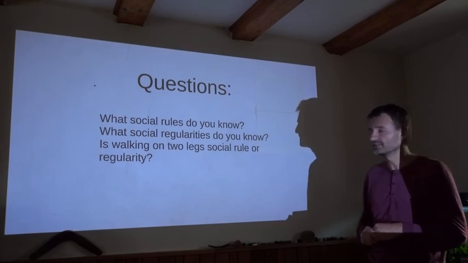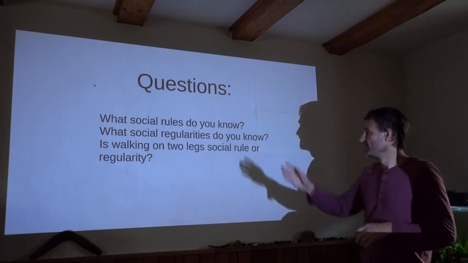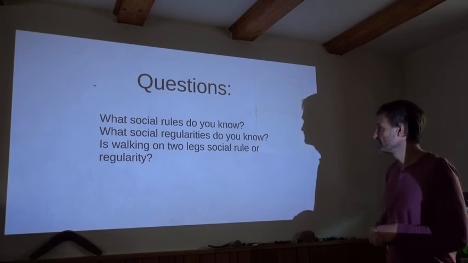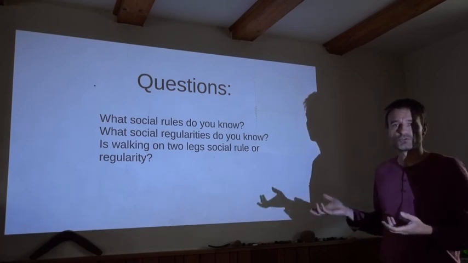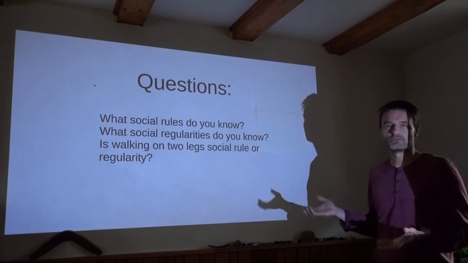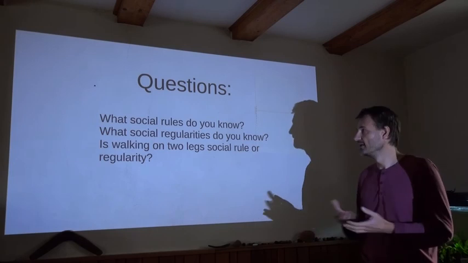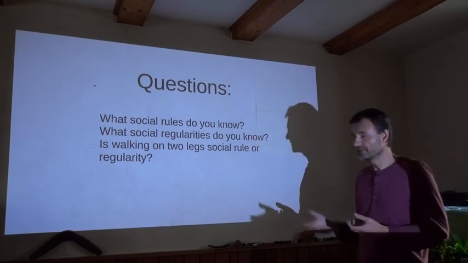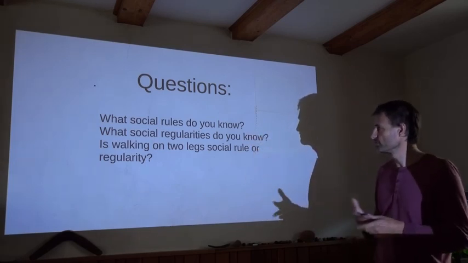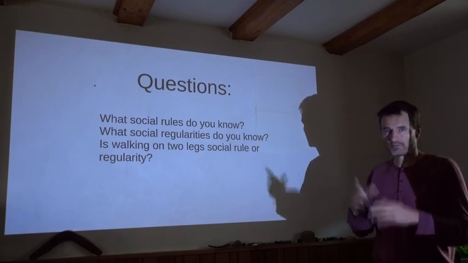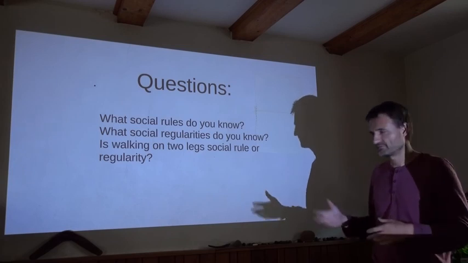And a question at the end, as usual: write one or two social rules which you know. Try to formulate some social rule, and the next question, try to formulate one or two social regularities.